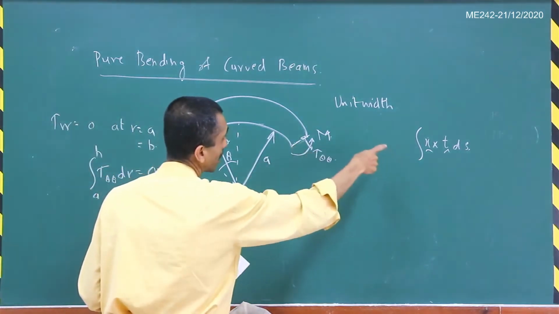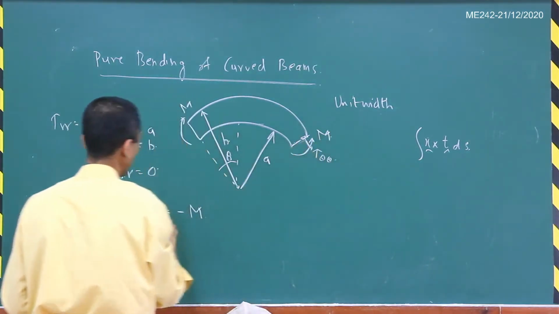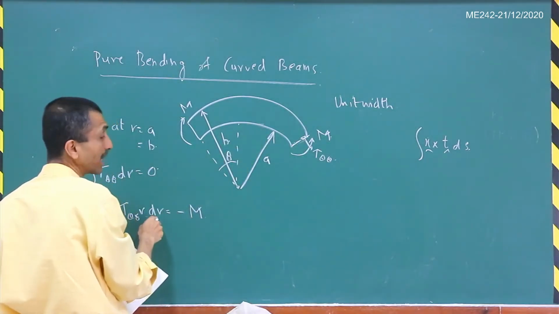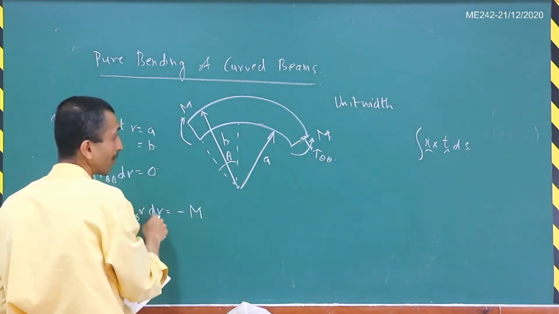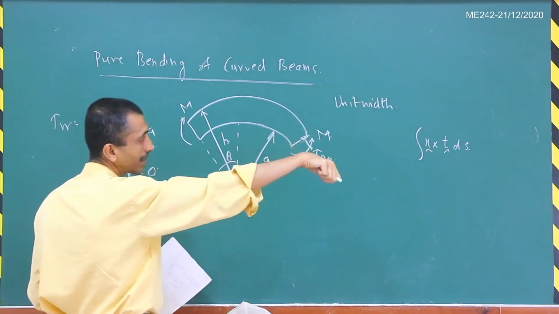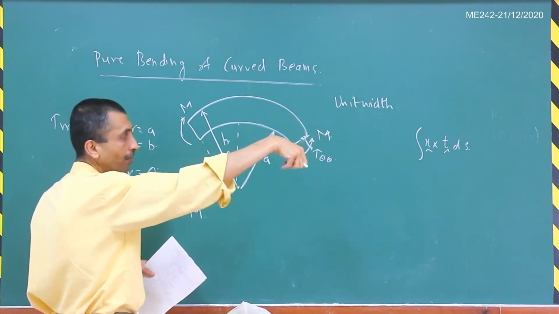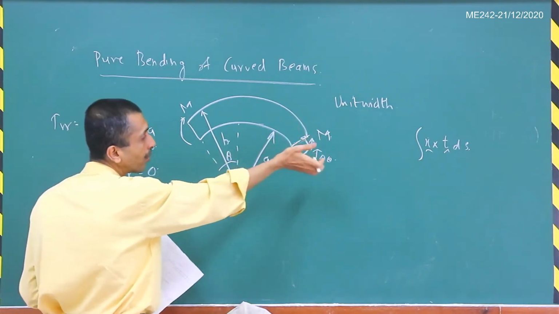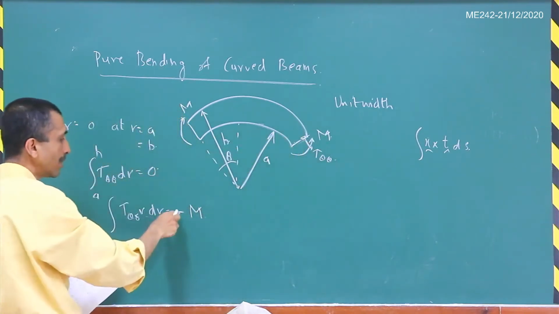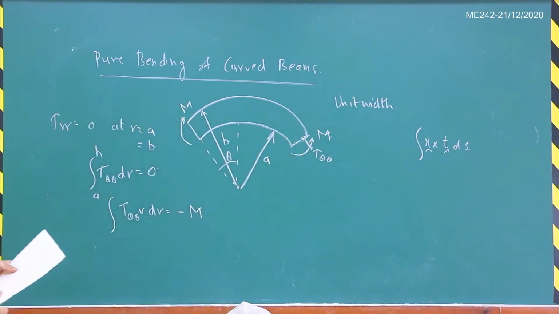Because the width is unity, you get only a dr. Otherwise, you would have got the width also in this integral. If you apply the right hand rule, that is into the board, but the actual moment we are applying is M, so that is the reason there is a minus sign here.